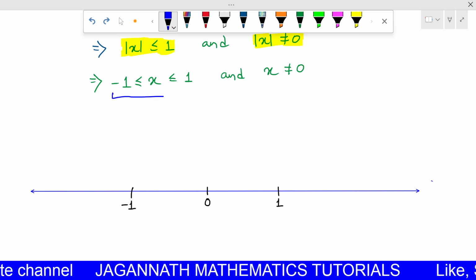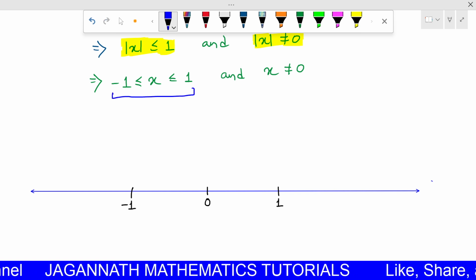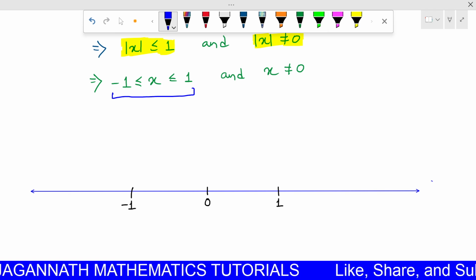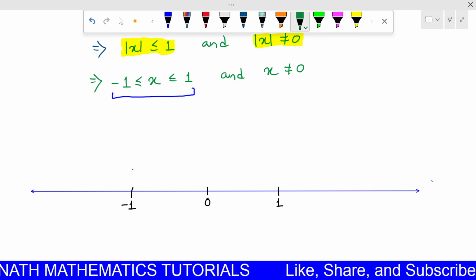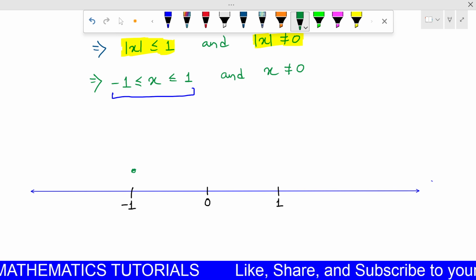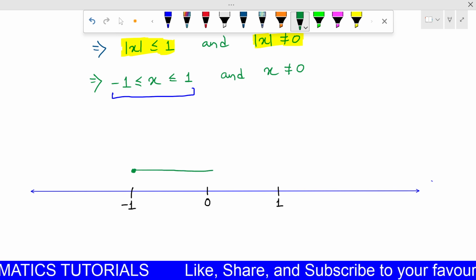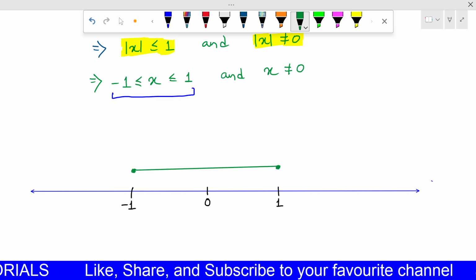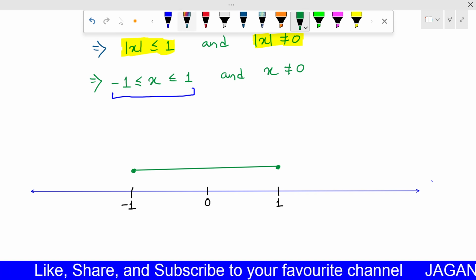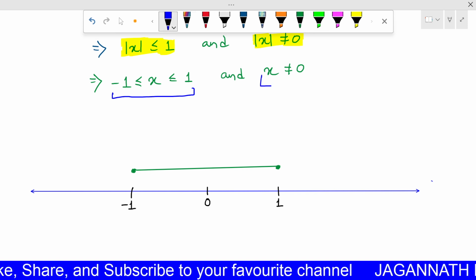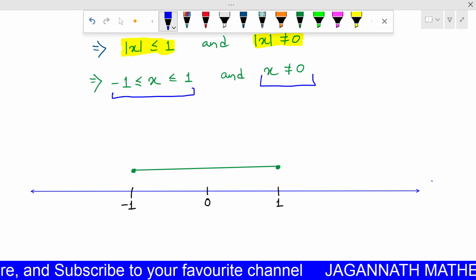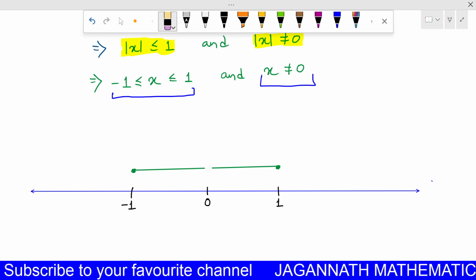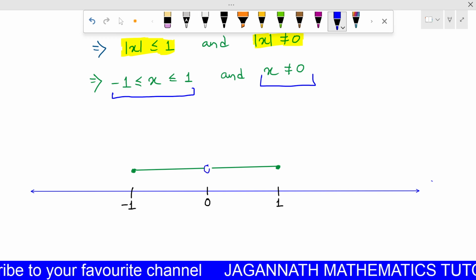Now x lies in -1 to 1, so x is from -1, that will be shaded, to 1, and this is also shaded. But we have a problem over here: x is not equal to 0, right? So x cannot be equal to 0.